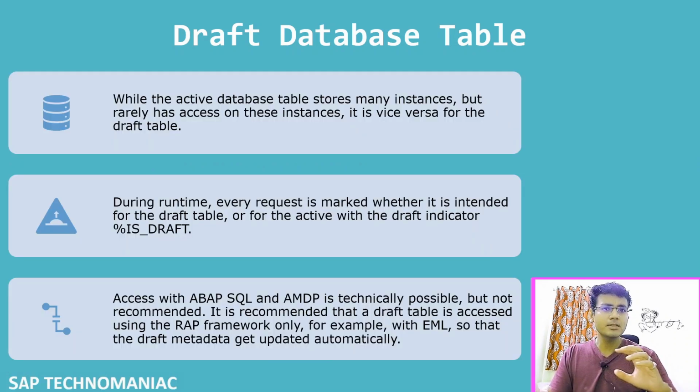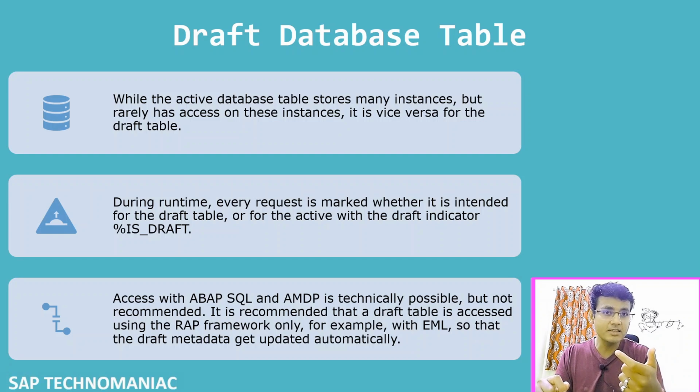Something I have missed? I think we have covered almost all the things. Apart from this, about the technicality of the draft table: whenever you have to access or modify the draft table, you should always use the EML statement. In the EML statement, we have one additional indicator called %is_draft, that is the derived type.